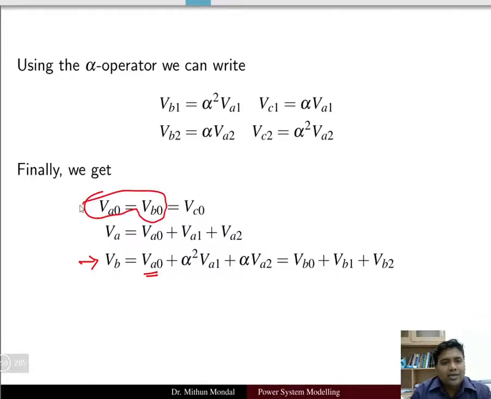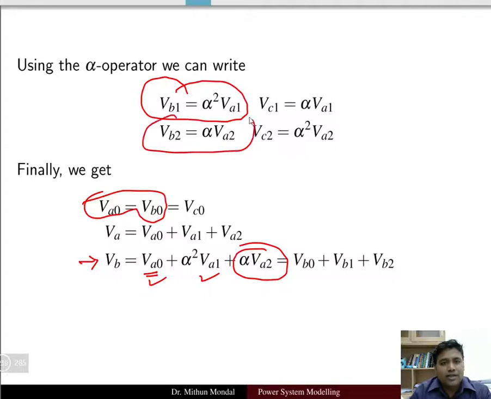Then alpha square VA1, because VB1 is equal to alpha square VA1, and alpha times VA2, which is equal to VB2. So this is equal to VB0 plus VB1 plus VB2. This component is basically VB0, the zero sequence component. This component is equal to VB1, the positive sequence component, and this is equal to the negative sequence component.